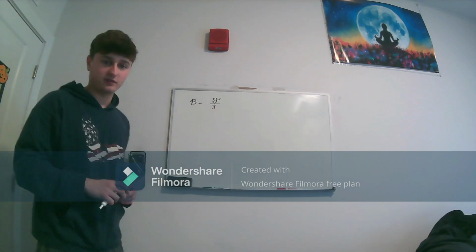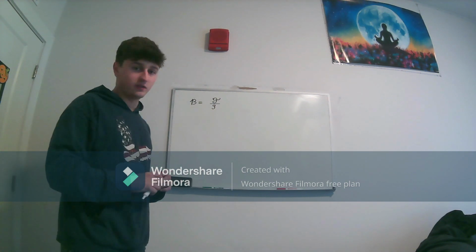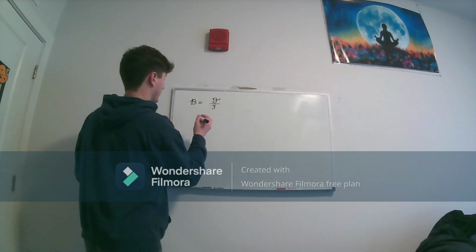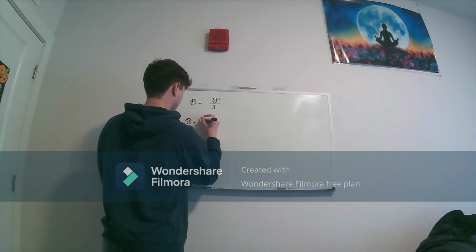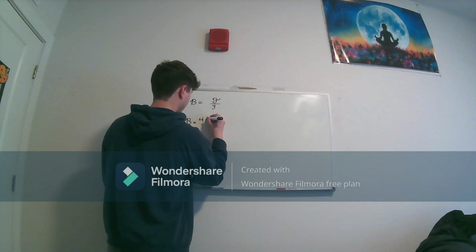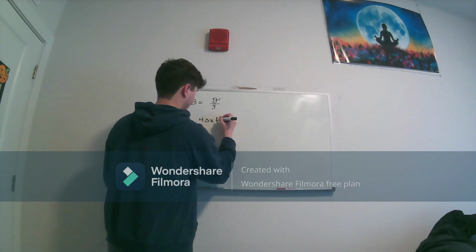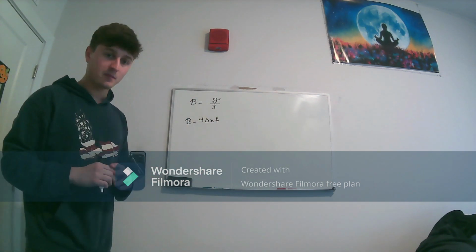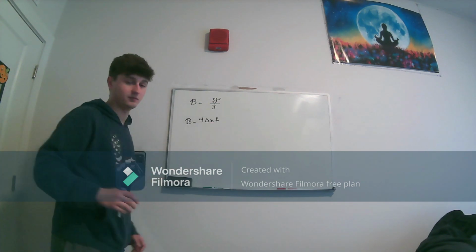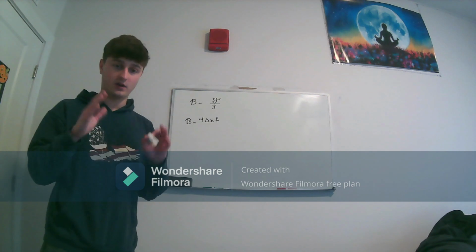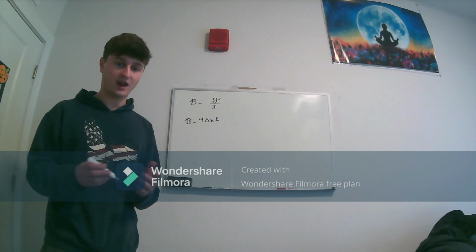Now, what do we know about this frictional heating term? We know that this can be broken up into beta is going to be equal to, since this is positive, 4 delta x multiplied by our Fanning friction factor. And what's also going to be very helpful for us is that our Fanning friction factor is going to be a very small range of values, so we can make a pretty accurate guess.